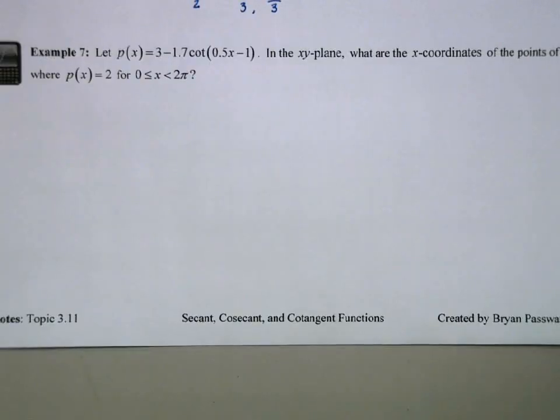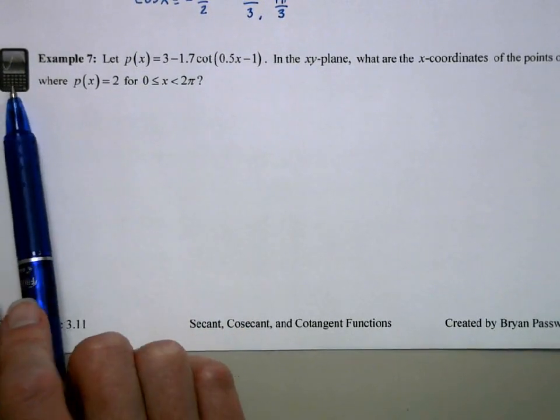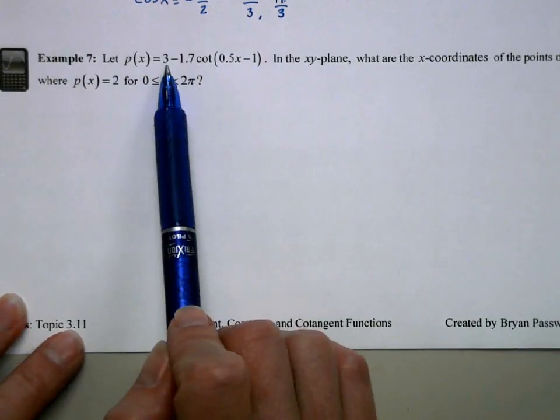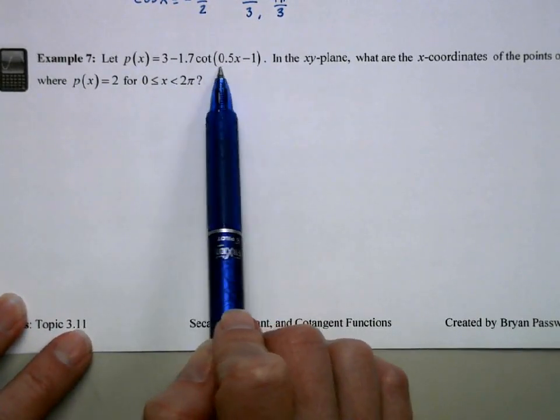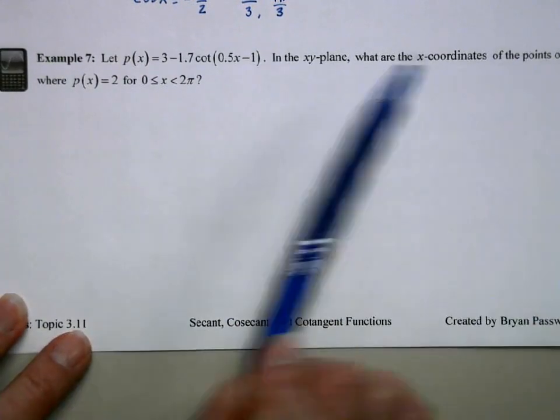Okay, our next equation is a calculator active question, so we're going to look at how we can deal with this on the calculator. We have p of x is 3 minus 1.7 cotangent 0.5 of x minus 1, and we want to find where that intersects with p of x is 2.